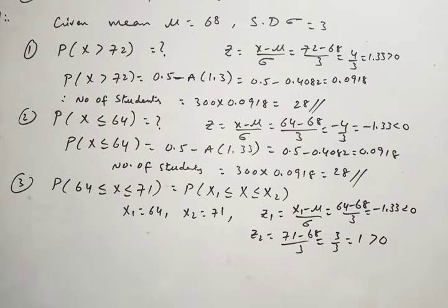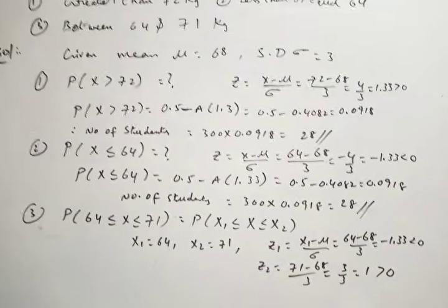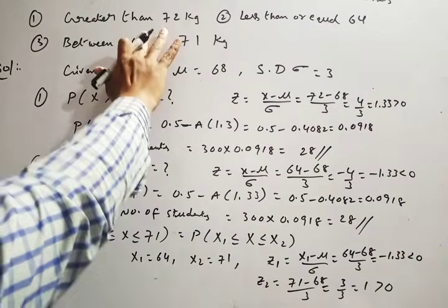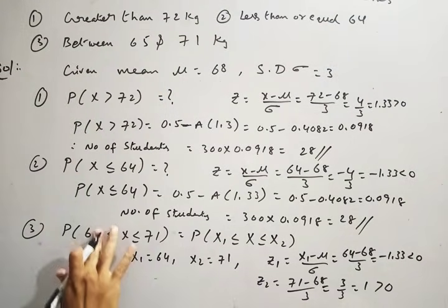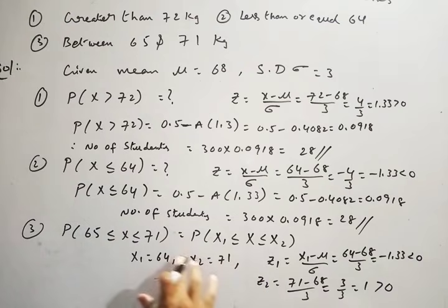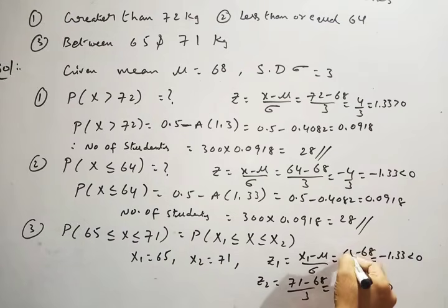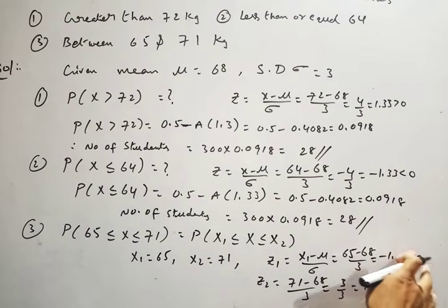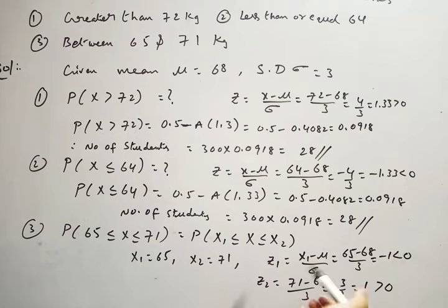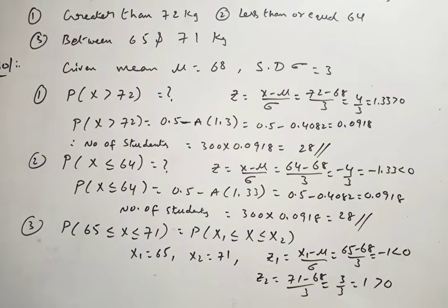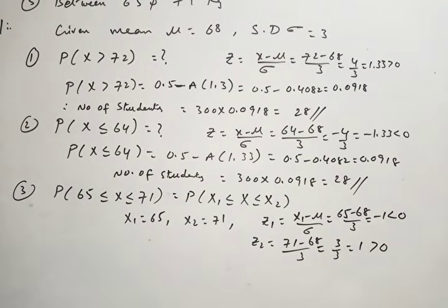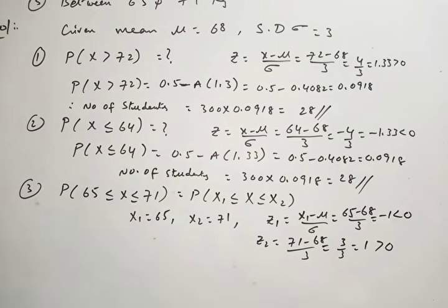Sorry, it is between 65 and 71, not 64. So with 65 it will give you minus 1. If it were 64, then take the table value from 1.33.